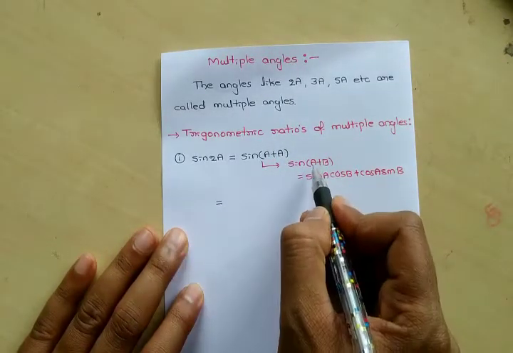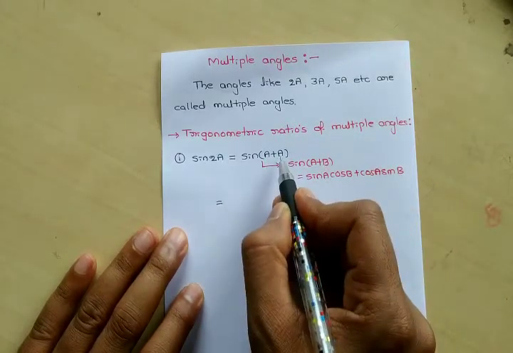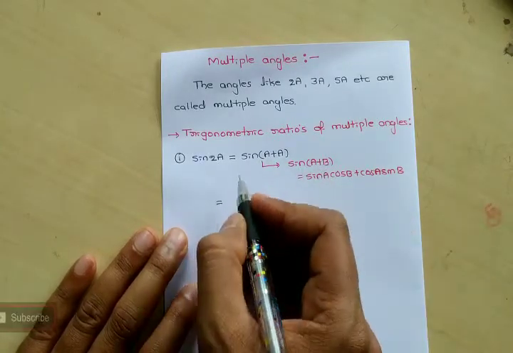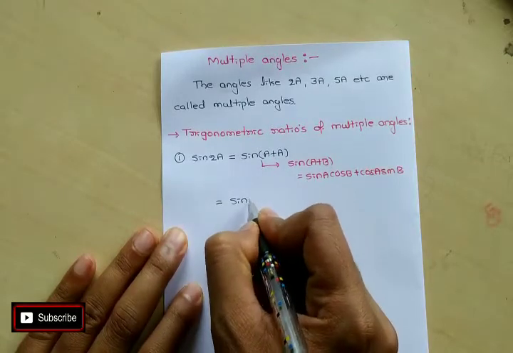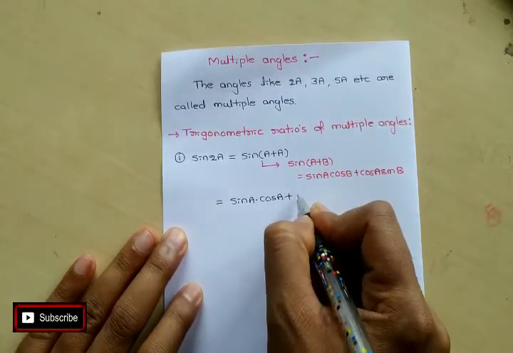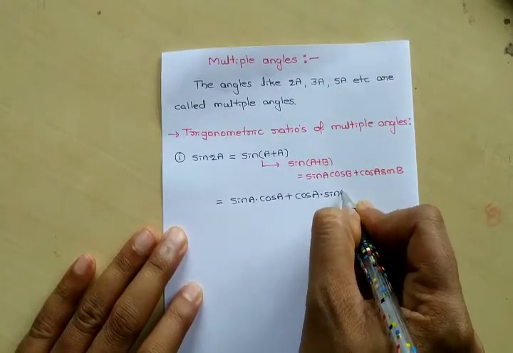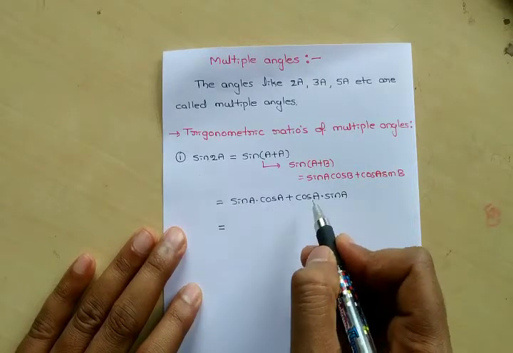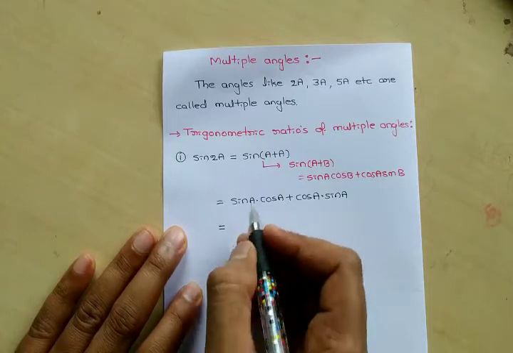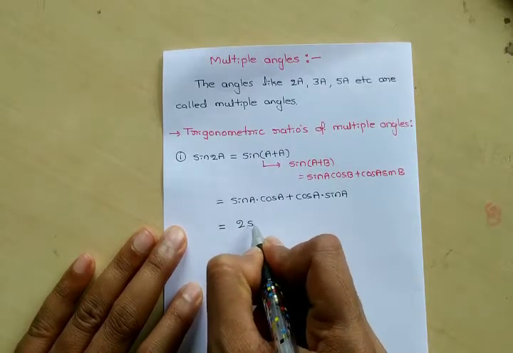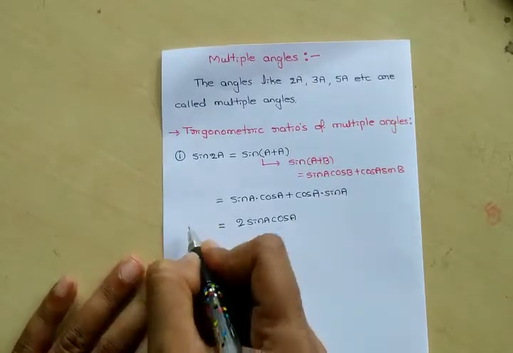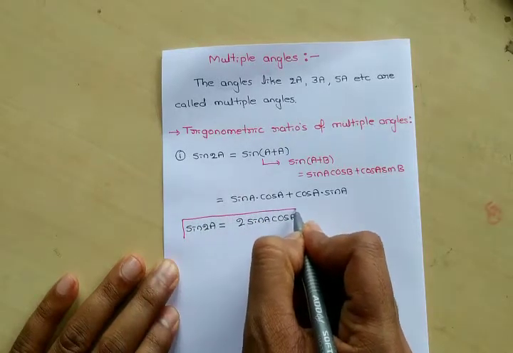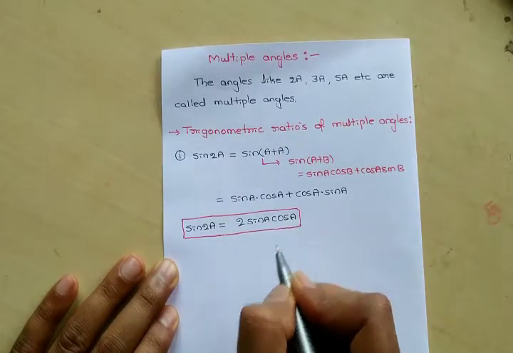In place of A it is A only, and in place of B the angle is also A, so wherever B comes, replace it by A. Then it will be sin A cos A plus cos A sin A. Here sin A cos A is there twice, therefore finally we get 2 sin A cos A. So this is the first multiple angle formula: sin 2A equals 2 sin A cos A.